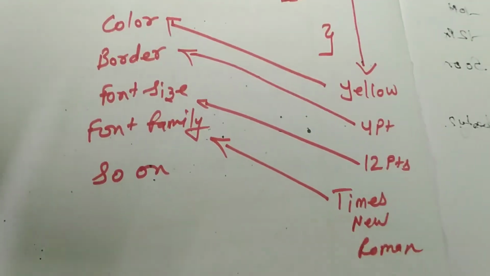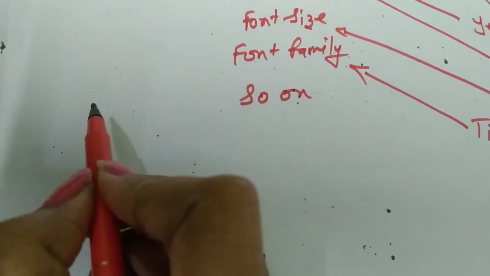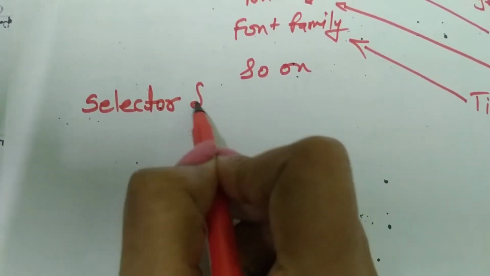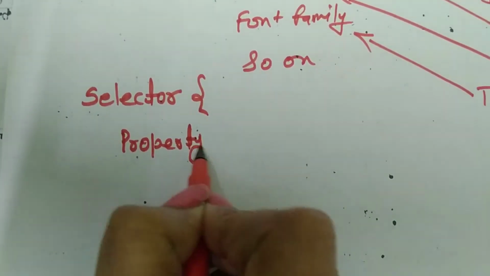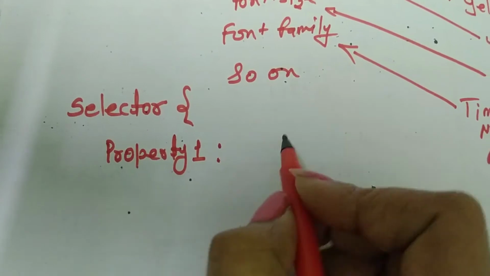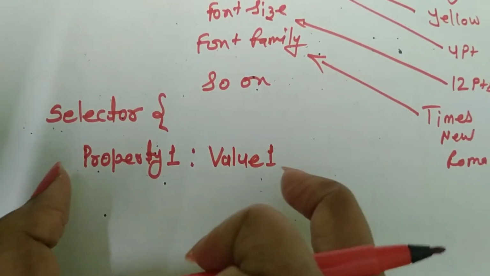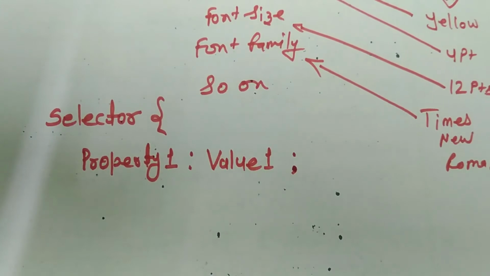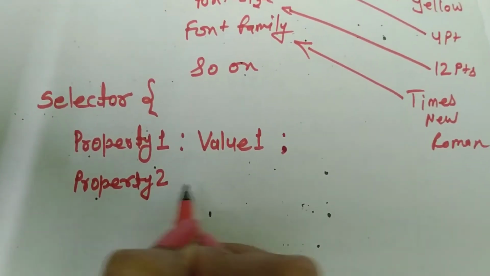Okay, so this is the property name and this is the value for this property. Now come to the actual format of CSS. The syntax of CSS is the selector, then use the curly braces. Now use property 1, colon, and value 1. Property and value are separated with the help of a colon. When one declaration is complete, use the semicolon for separation, and now use the second property 2.